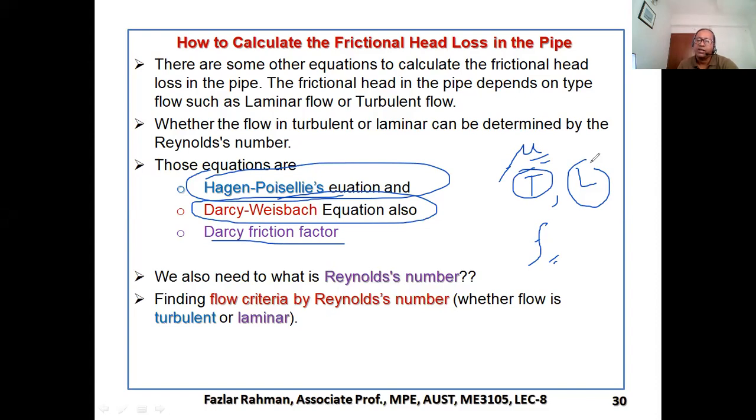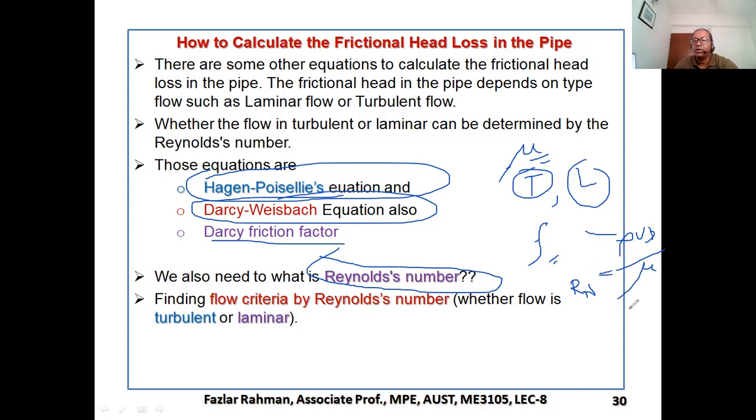So laminar or turbulent flow is determined by another number that is called the Reynolds number. To figure out the Reynolds number, you need a formula. If I say the Reynolds number is Rn, then Rn equals rho V D divided by mu, the viscosity of the fluid.